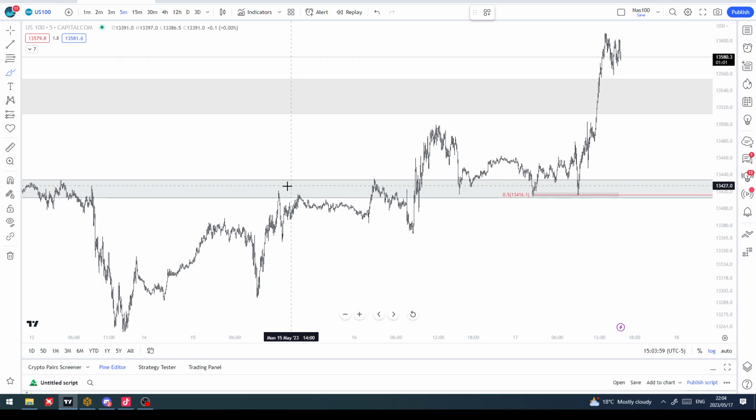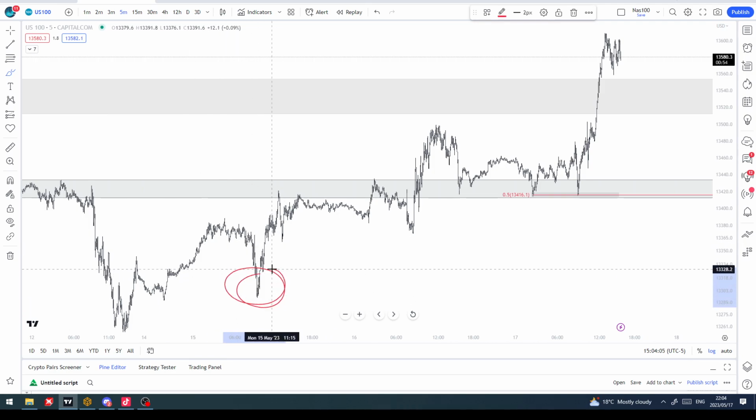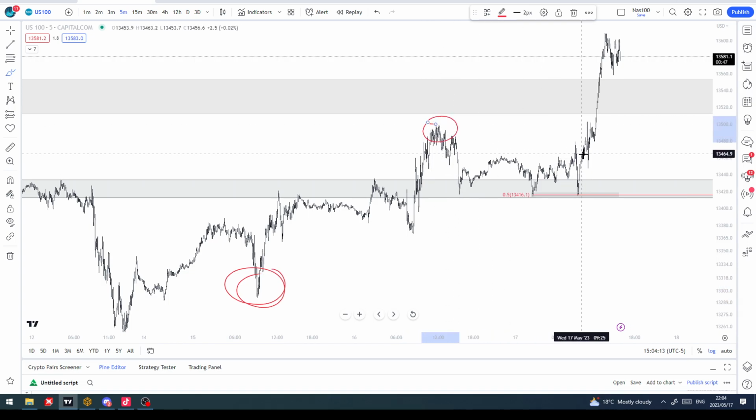So if this is Monday's low here, Tuesday gave us a high here, Wednesday was in here, right?